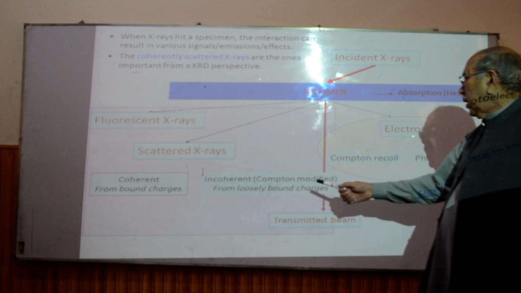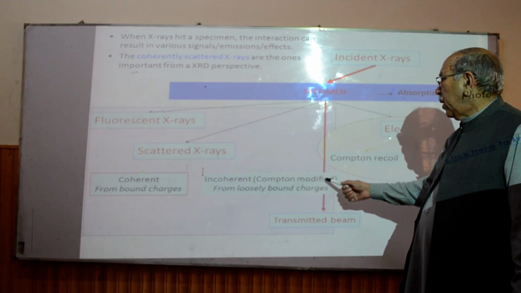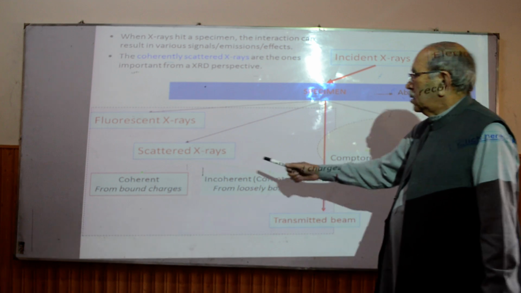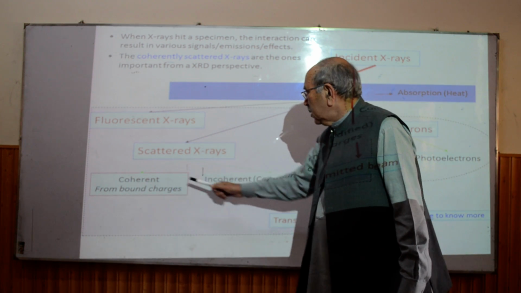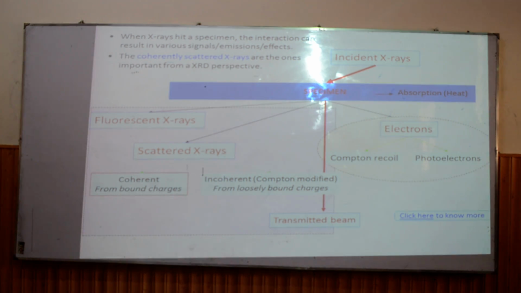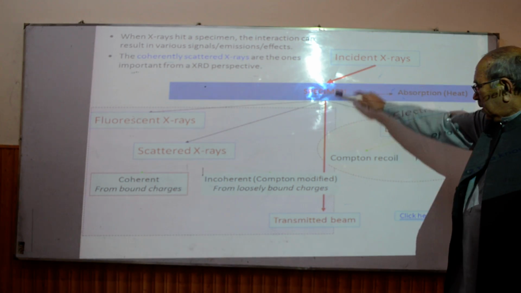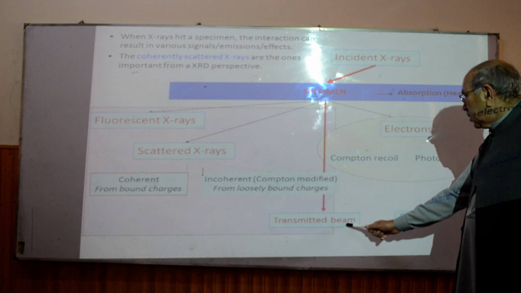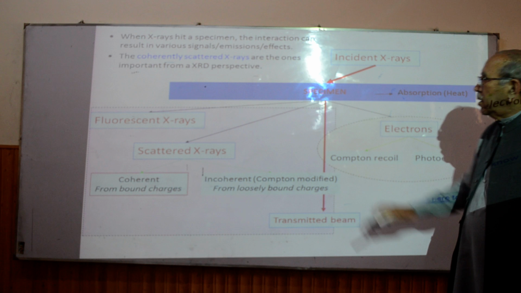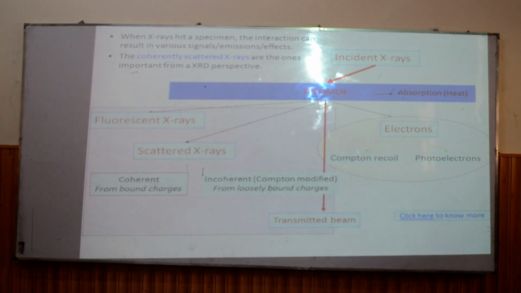And incoherent, which can be Compton modified from loosely bound charges. This is coherent from the bound charges, this is incoherent from the loosely bound charges. And some of the X-rays are transmitted through it. So I can say these are the interactions of incident X-ray with the specimen.